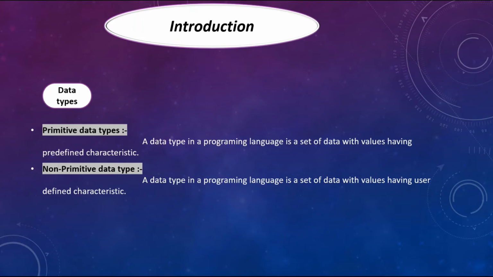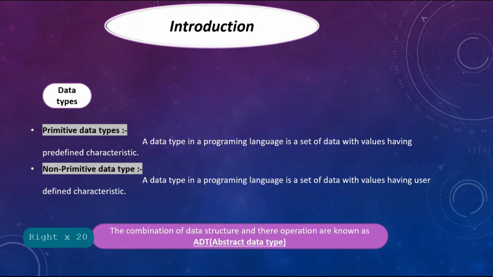In non-primitive data types, the data types which are defined by the users are known as non-primitive data types, or we can say user defined data types. In other terms, a data type in a programming language is a set of data with values having user defined characteristics.